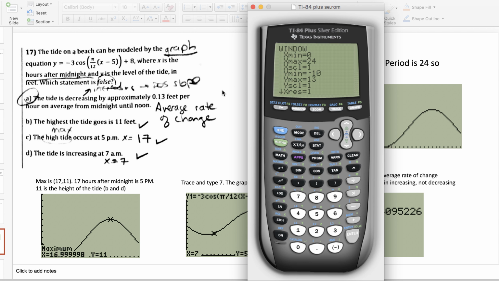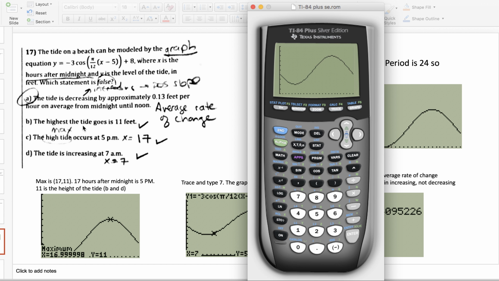And then my y min, well, that's going to be 8 minus 3, which is 5, so I'll go a little bit lower than that. Maybe I'll start at 3. It doesn't have to be exactly like this. So now I'll graph it and see if it looks good. And I'm pretty satisfied with this graph.